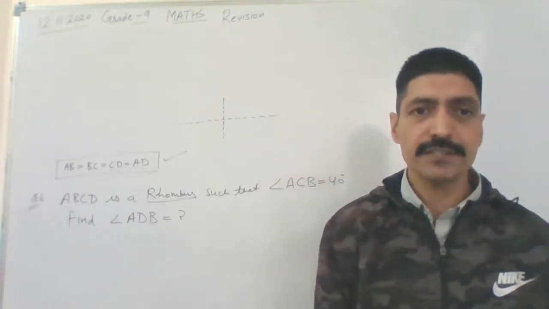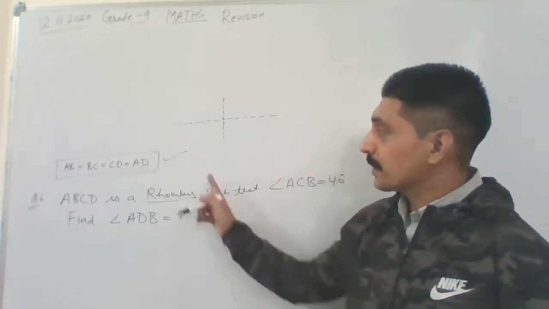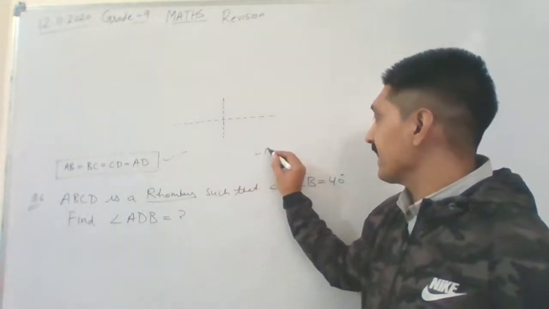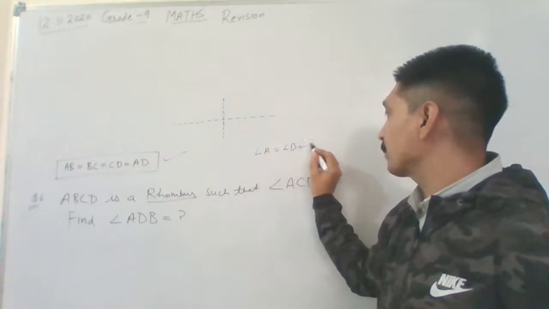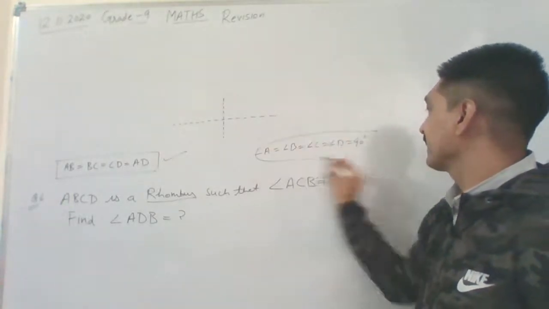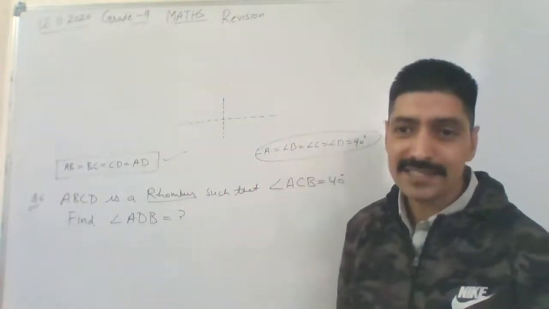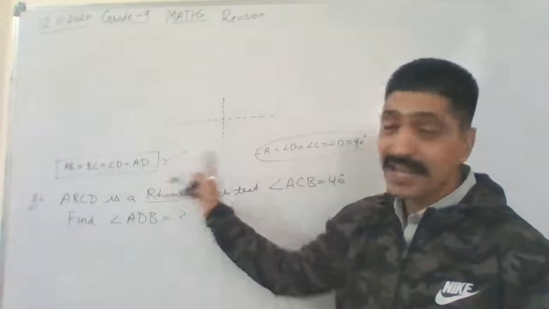So what is the simple difference between a rhombus and a square? In a square, angle A is equal to angle B is equal to angle C is equal to angle D, all are 90 degrees. But in a rhombus, all the angles are not, because only the sides are equal.